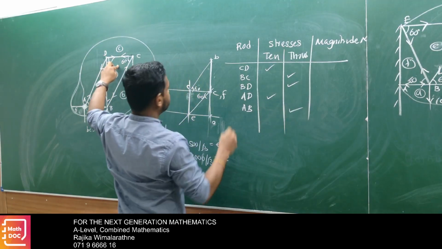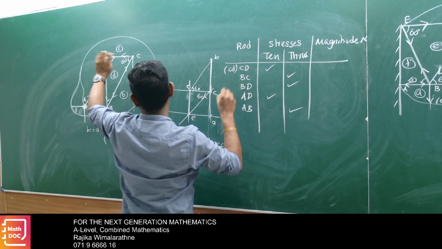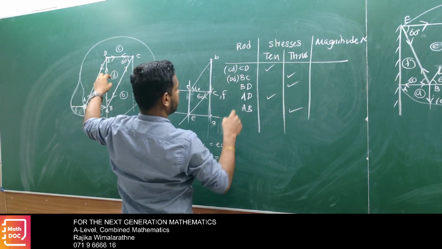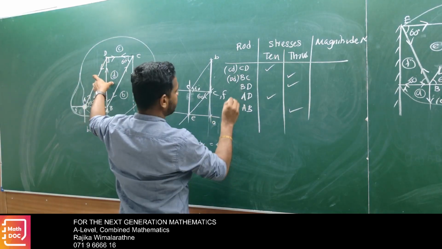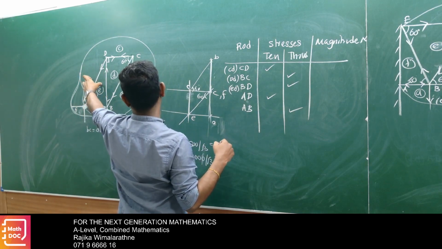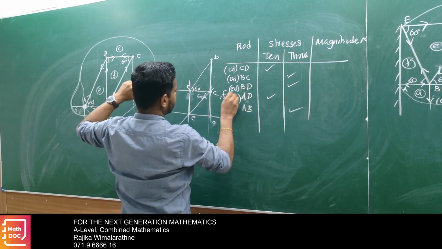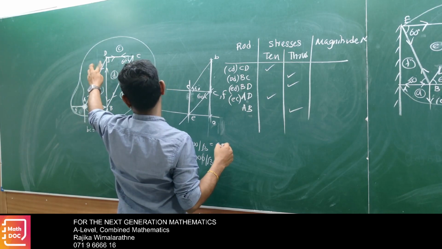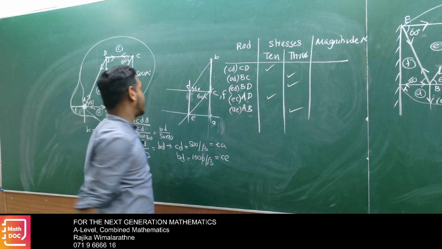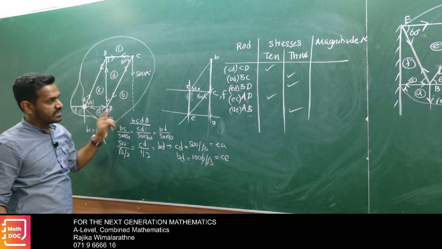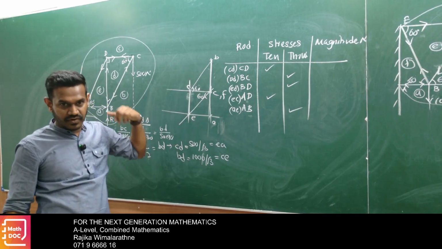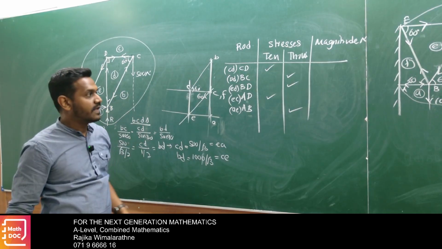CD is separated by CD, BC separated by BD, BD separated by ED, AD separated by EC, AB separated by AE. Then if you need to find R, given by AB, here by AB we can find R, no? Then by Bow's notation we can find the external forces as well.